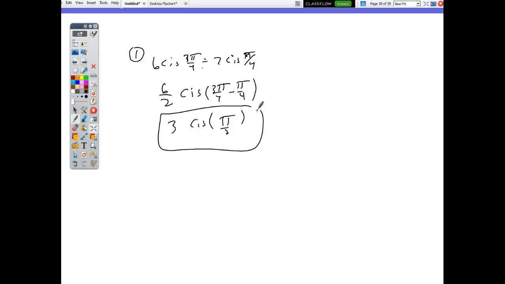And then if I want my rectangular form, what do I have to do? 3 times cosine pi over 2 plus i sine pi over 2.